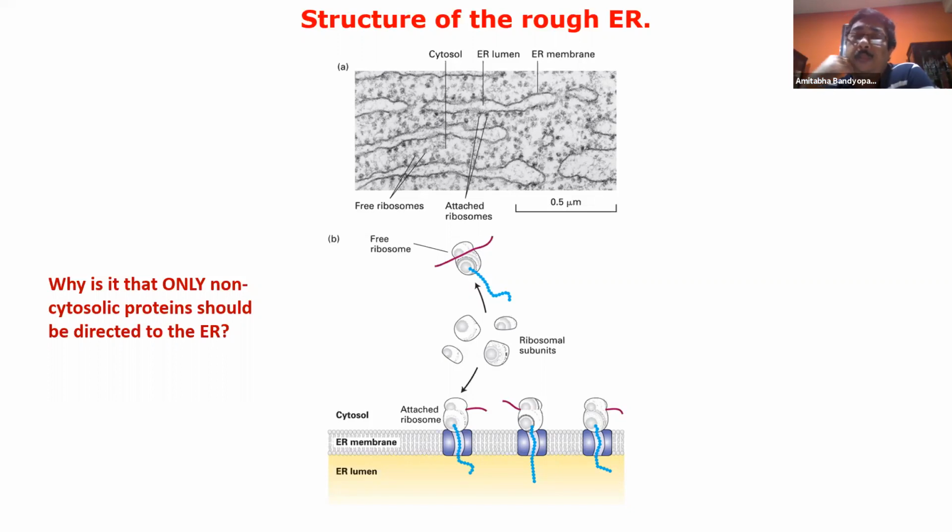Why are the other proteins directed to the ER? Here in this lecture, we will primarily deal with that aspect. So you know the mechanism, but what we are going to explain here is the process of investigation that uncovered the mechanism, right?